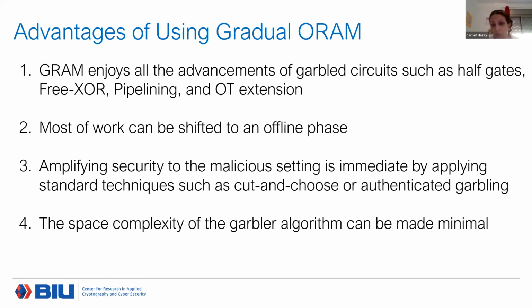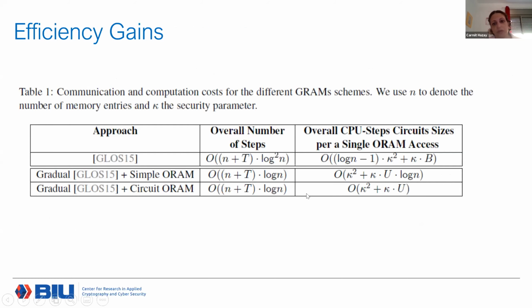We can push most of the work to the offline phase, and switching from semi-honest to malicious is much, much simpler in this case. We compare our construction to the GLOS construction. Basically, we compare the overall number of steps we require for every CPU step and also the size of the circuit. And we show how to shave a logarithmic factor.